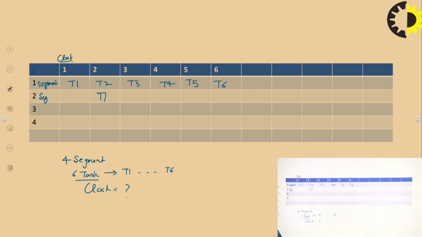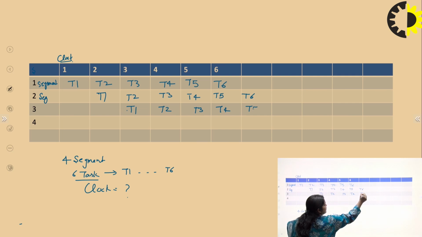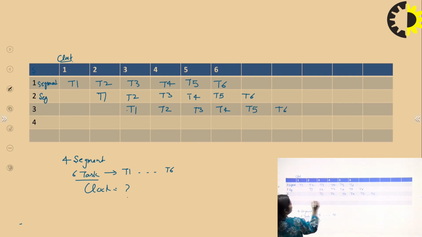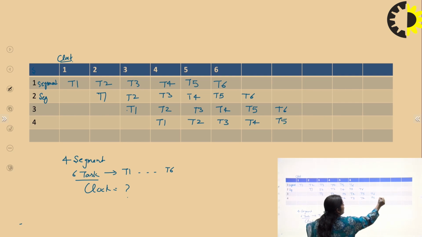Just remember this particular line: because the first segment is executed at the first second, the second segment will be executed at the second second. So in the clock time, T1, T2, and because there are 6 tasks, T5 and T6. Next, third segment: in the third time, T1, T2, T3, T4, T5 and T6. And the fourth segment is the last segment. It will be started from here, T1, T2, T3, T4, T5 and T6.